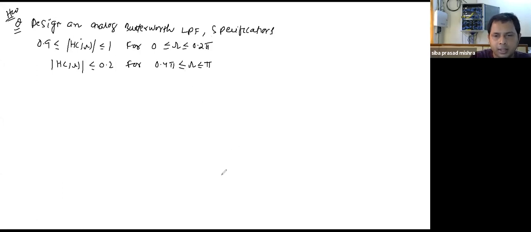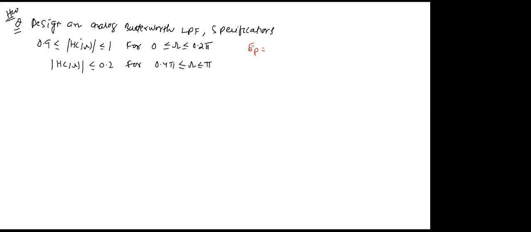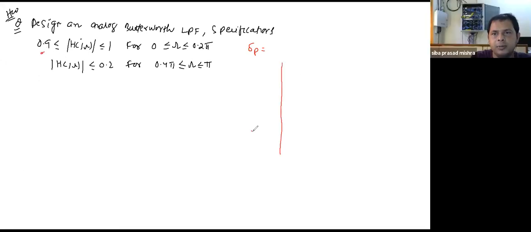Now see, sometimes if you give it like this, it's very easy. What is the value of del P? 0.9. See, it's very simple. If you do the plot, you can understand.